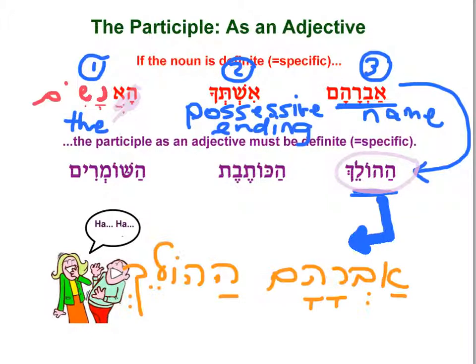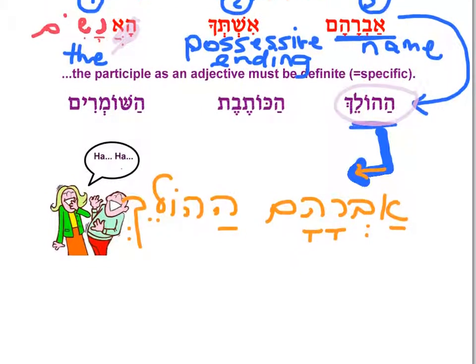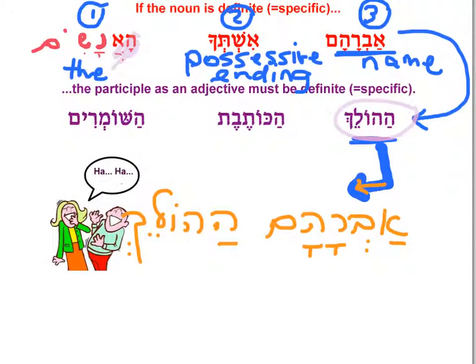Here it's apparent that my ha-holech has to be a participle functioning as an adjective. So here I just rewrote Avraham ha-holech on the bottom, and you can see that it's going to follow the same exact formula that we mentioned before with a regular noun and adjective. So let's take the case we had before of ha'ish, hatov.